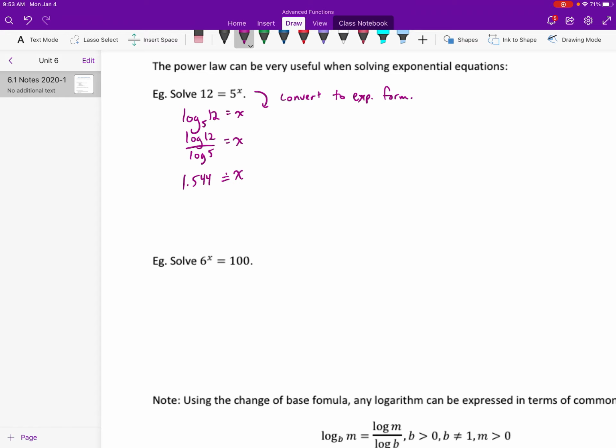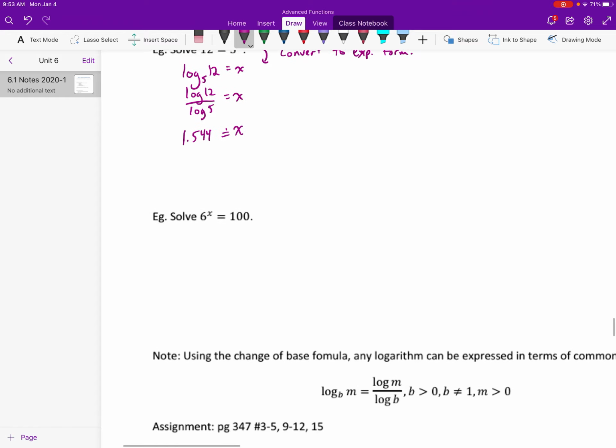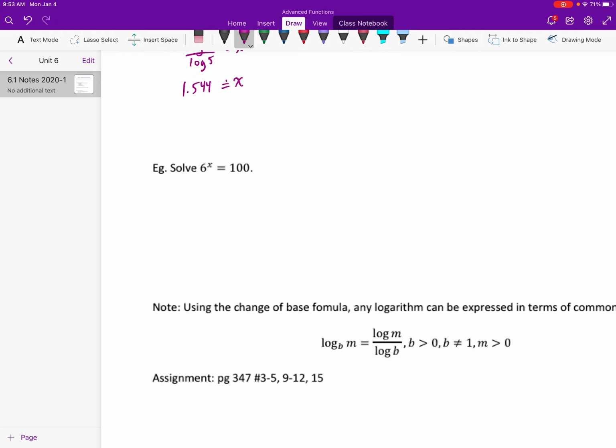But let's try this again. This time we're going to use the power law of logarithms to do this. And this is a bit of a crazy move again. So we're going to take the log of both sides, which seems crazy. So we have log 6 to the power of x equals log 100. Remember, if you do something to the left and the right side, you're dealing with your equation properly.